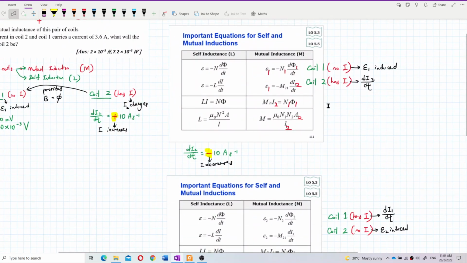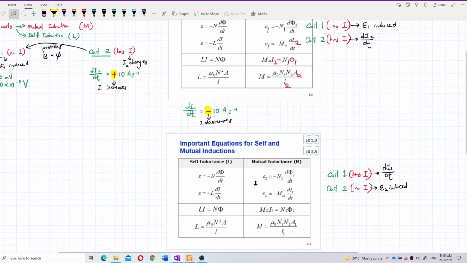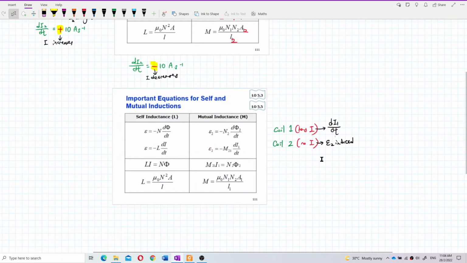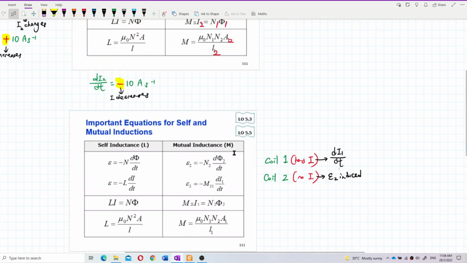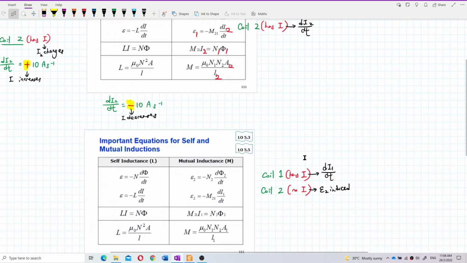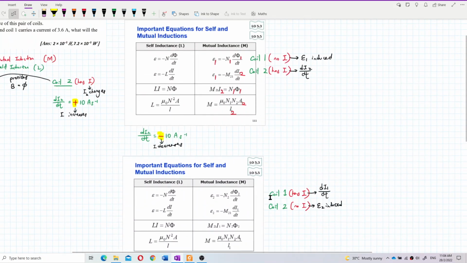This is our question here, and this is the original notes. Last time coil 1 had the current, there was a change of current in coil 1, so EMF was induced in coil 2. Now there's a change of current in coil 2, so EMF is induced in coil 1.